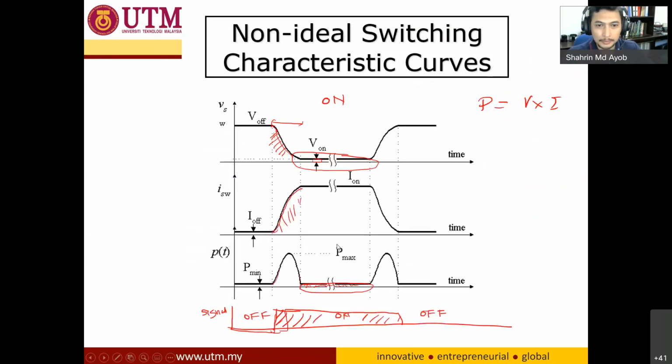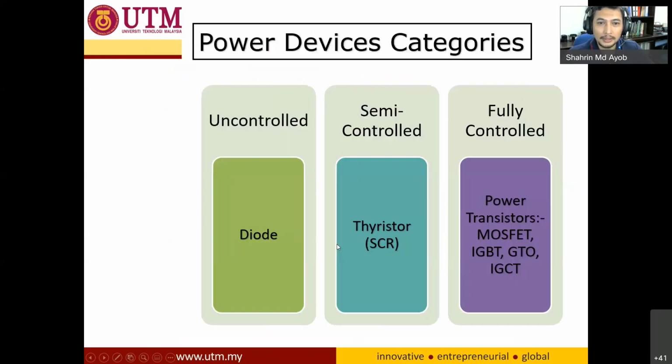Okay, just a brief introduction about the power device categories. As stated before, we have three main devices in power electronics, which are the diode, the SCR, and the transistors.